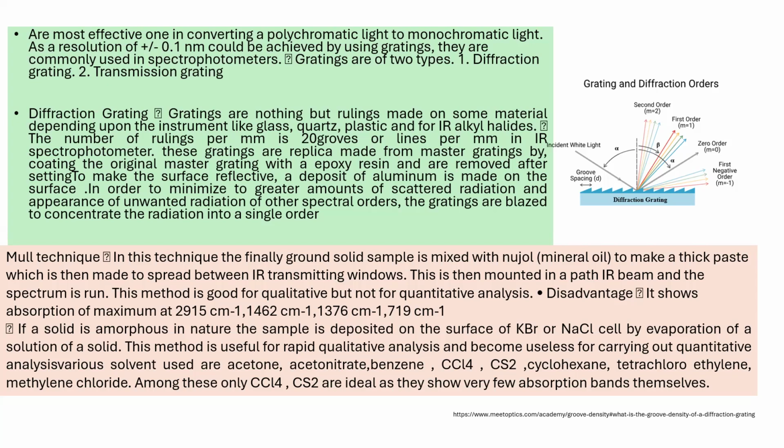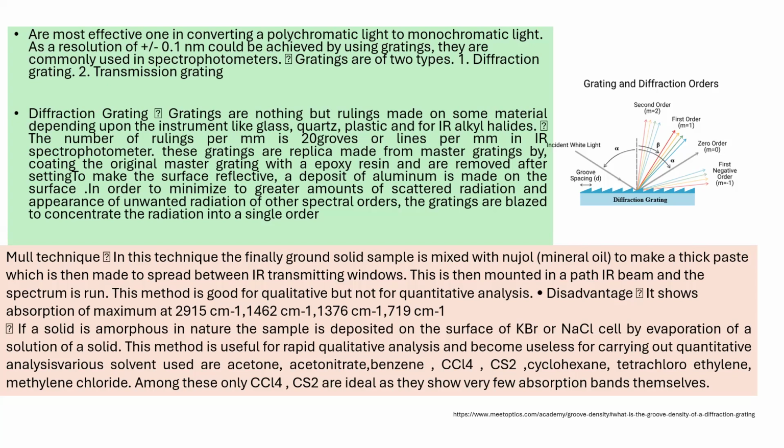In place of that, you have a window for keeping your sample, and the sample is in the form of a thick paste which you have prepared using the fine powder of analyte and the oil. Once you have pasted this sample onto the window, then it is mounted in the path of the IR beam.